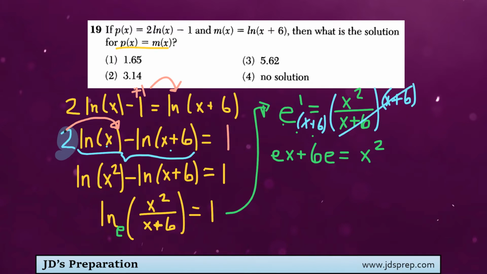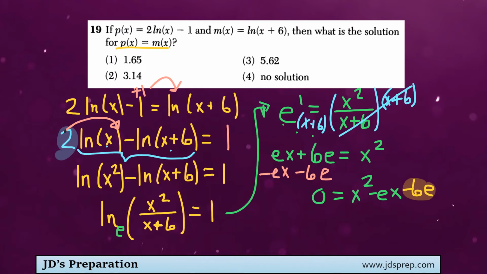Now we want to try to move everything over to one side of the equation, and I'm going to do that by subtracting ex and subtracting 6e, so that we'd be just left with 0 on the left-hand side. On the right-hand side, we'll have x squared minus ex minus 6e. Now remember, e represents a constant, so we do have a constant term here at the end.